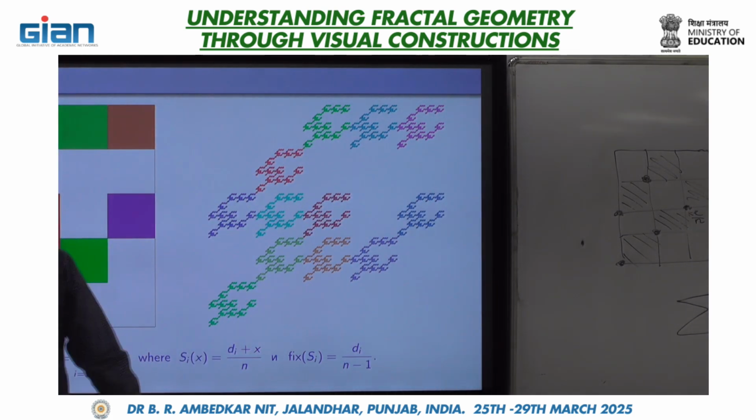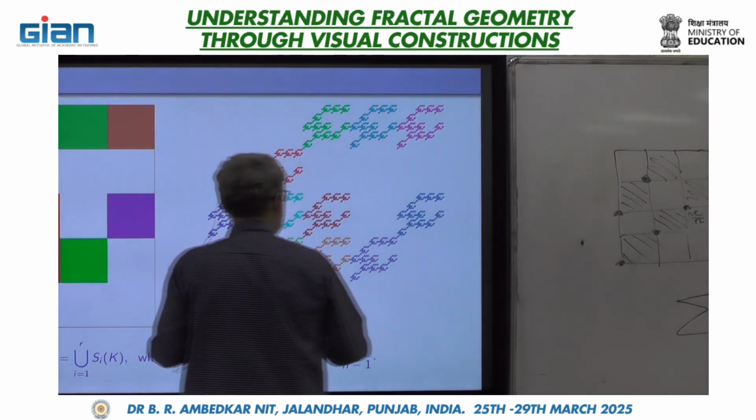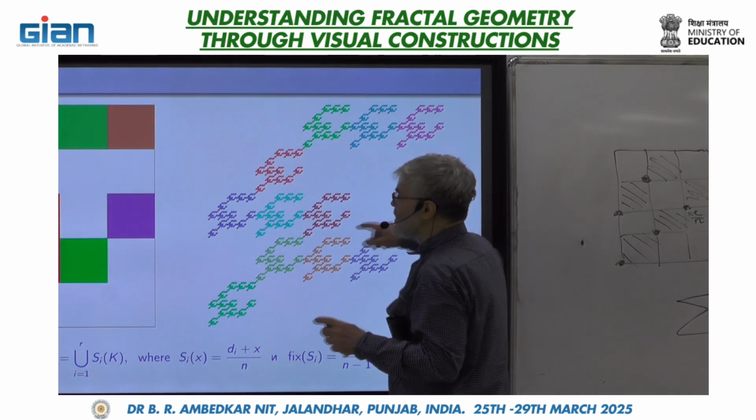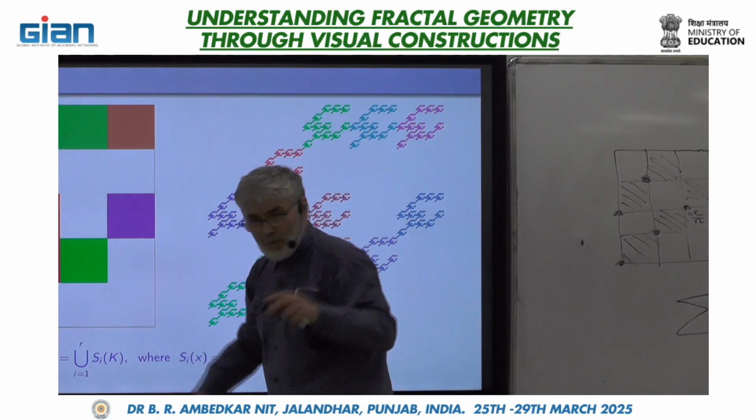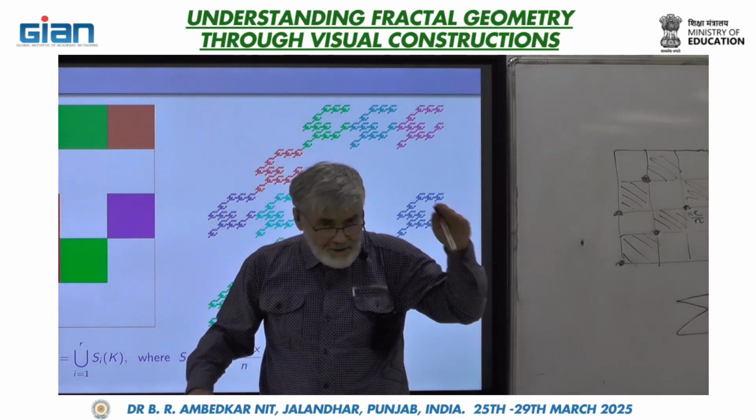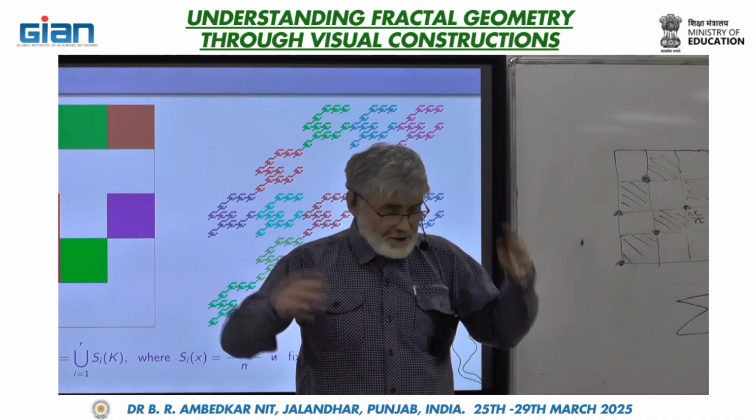It is obvious that if the intersection graph of the system of these copies is connected, then the fractal square is a continuum.